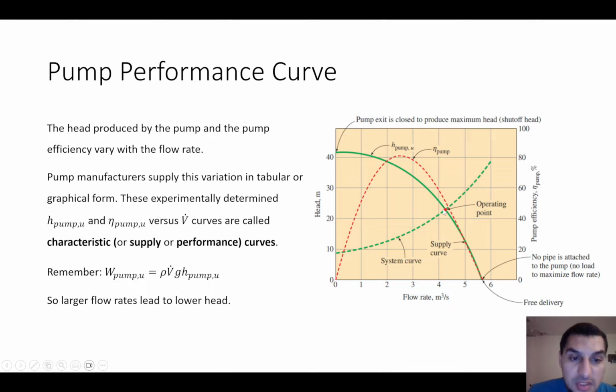Beyond this point, the needed head is higher than what the pump can provide. So I cannot use this pump at volumetric flow rates higher than this, but I can use this pump at lower volumetric flow rates.